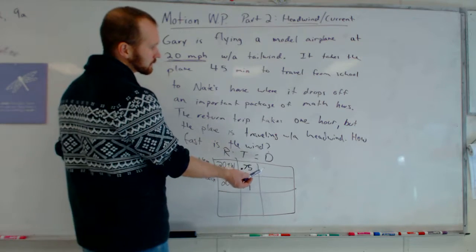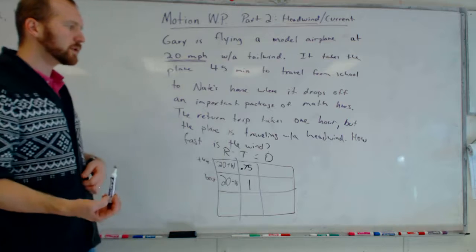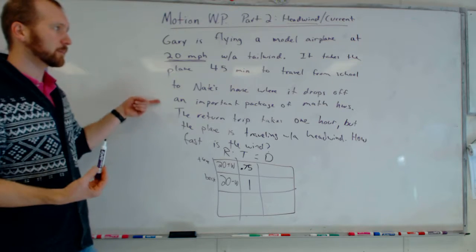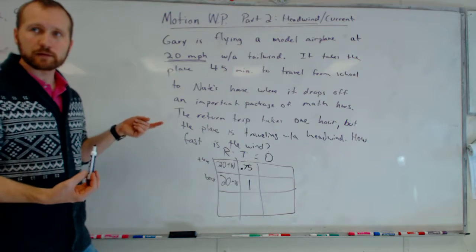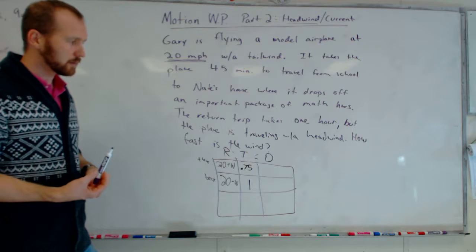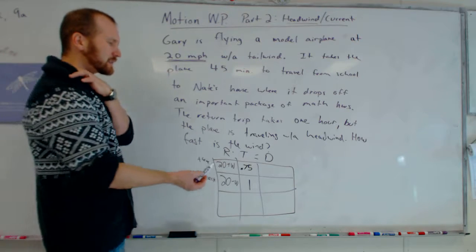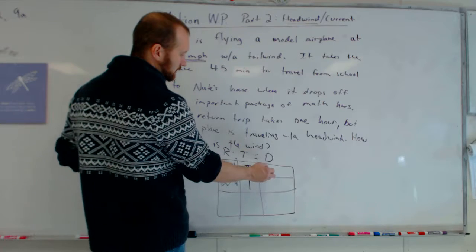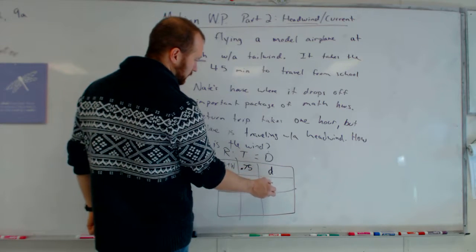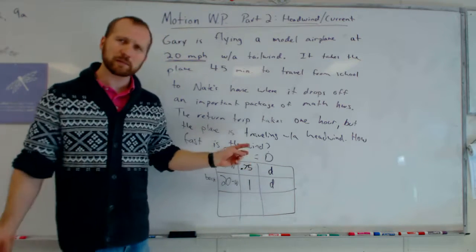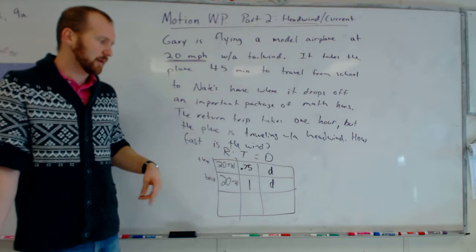And then the distance, I don't actually know in this problem. But does it matter? No. What I know is that this distance is the same as this distance. So again, we sort of have two variables here, but this problem is going to be a little easier than the other ones.